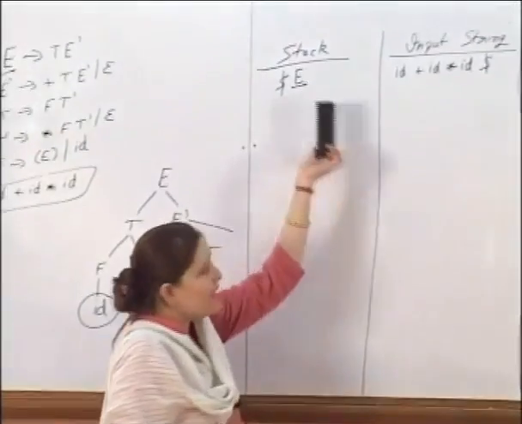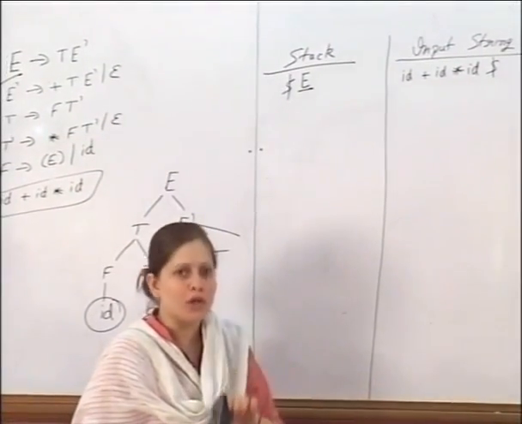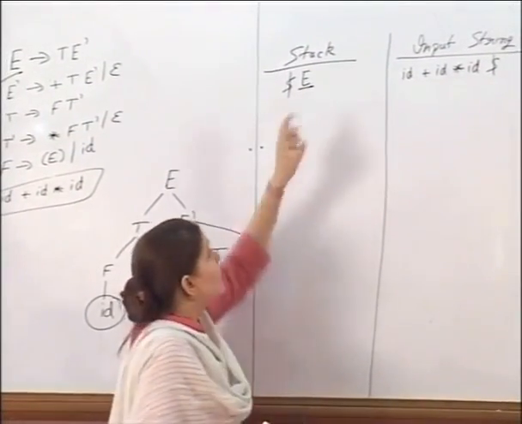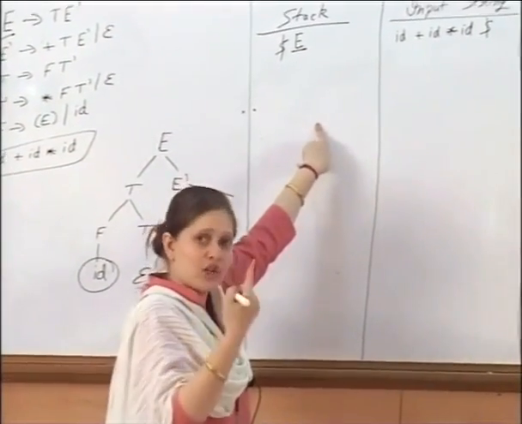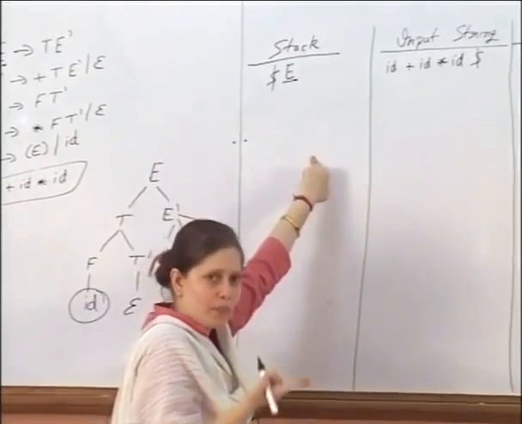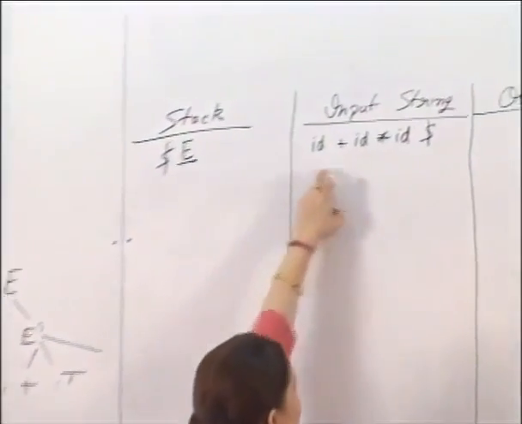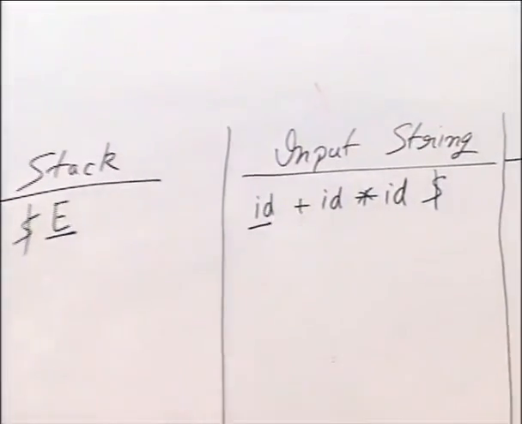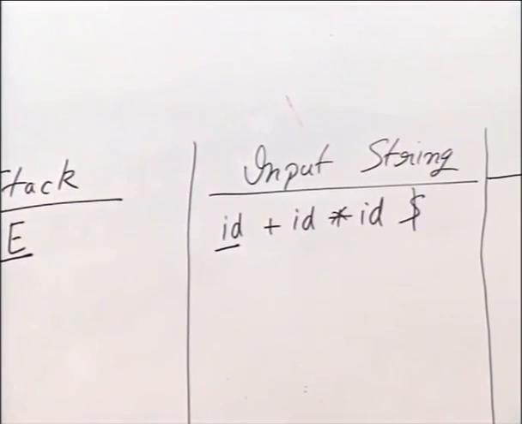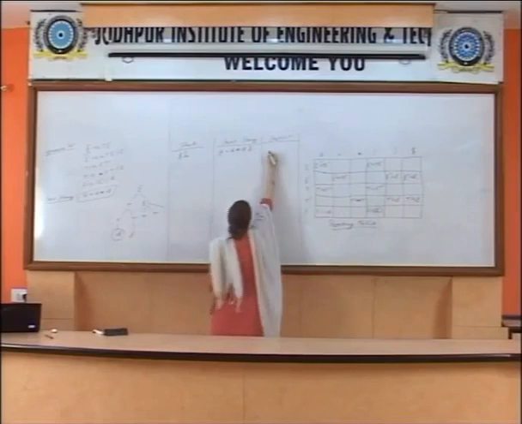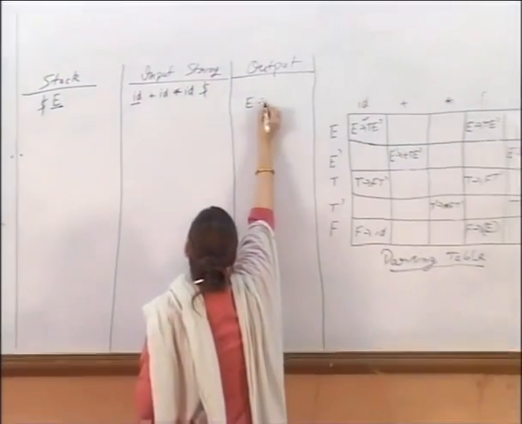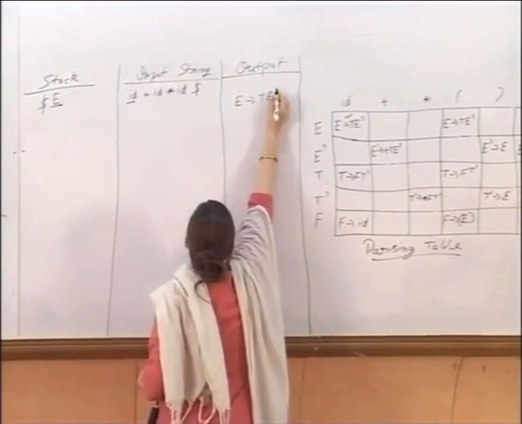Here E is behaving as a non-terminal. So for this non-terminal, we will look for a production available in the parsing table for this input character. We have a production that is E to T E dash. That means we will write E, T, E dash.